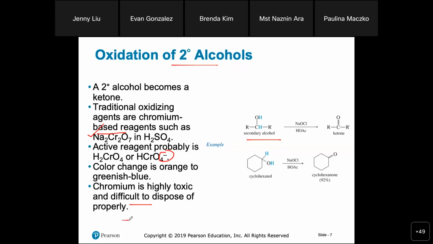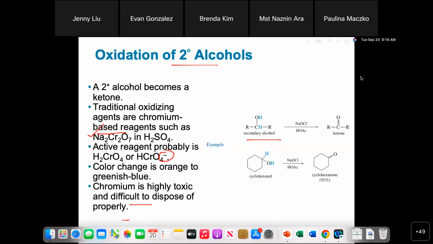So that is the basic information about the oxidizing agent that we use during oxidation. Traditionally we use chromium-based reagents such as sodium chromate in sulfuric acid, and we will also see how it is made. You can see that in the presence of the oxidizing agent, secondary alcohol converts to ketone.